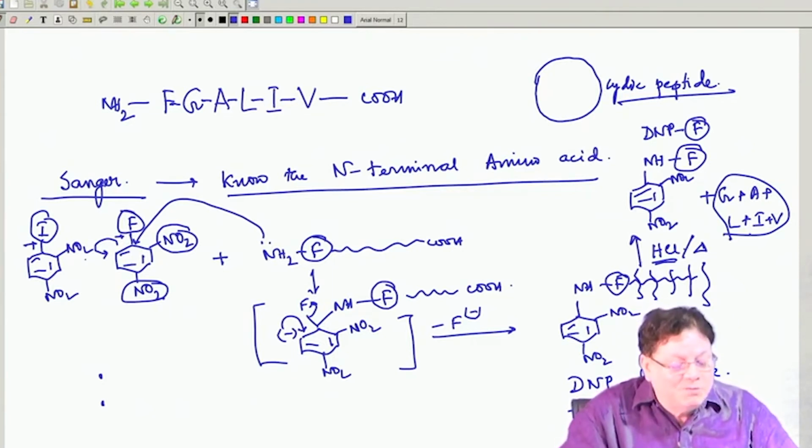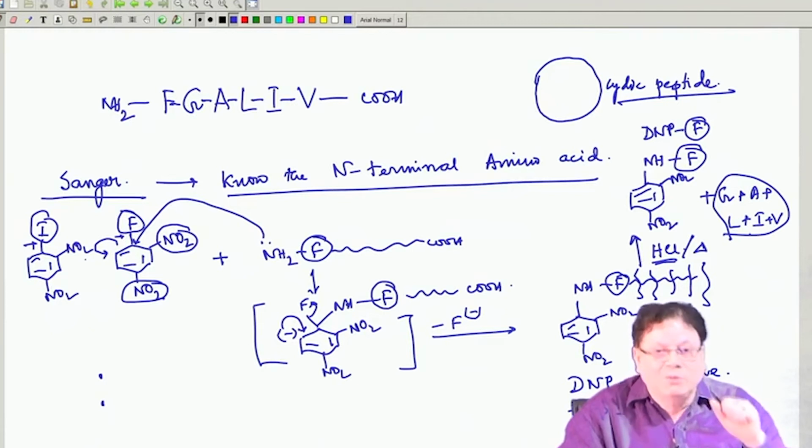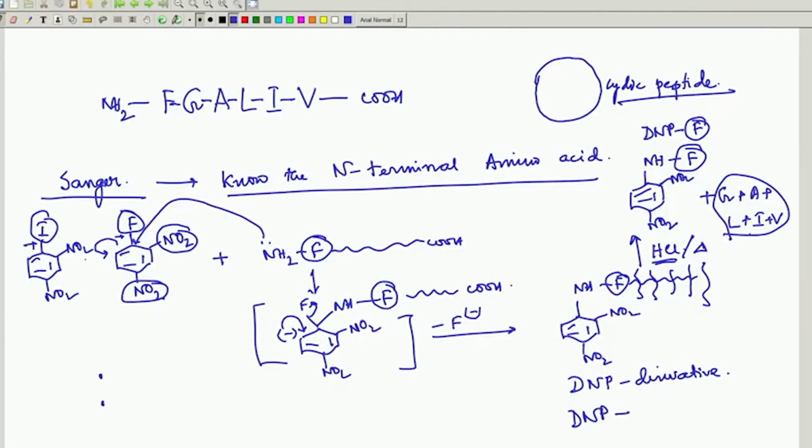Because of the presence of the fluorine, this carbon is more electrophilic, or you can say because of the presence of the fluorine, this anion is more stabilized by the electron withdrawing effect of the fluorine. So, that is why Sanger, not being an organic chemist, still could realize which compound has to be taken, the fluoro compound and not the iodo. Okay. So, that is Sanger's method.